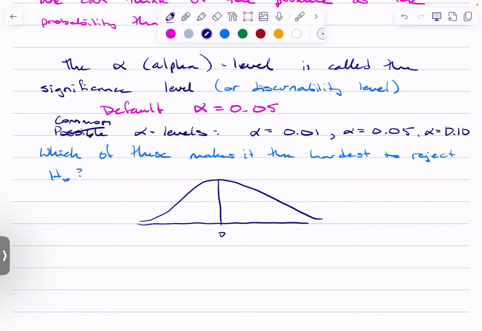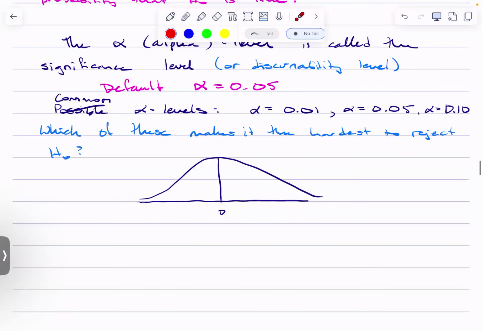If we focus on one tail, that's going to be easier, because if we have a two-tailed test, a not equal to, then this area gets split between the tails.